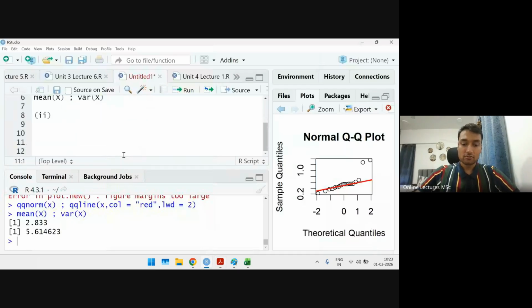Very good. Since I have to generate 10 samples, my i will go from 1 to 10. The sample comes from Poisson, hence rpois, where the length is the same as the length of X, and lambda would be the mean of X itself.